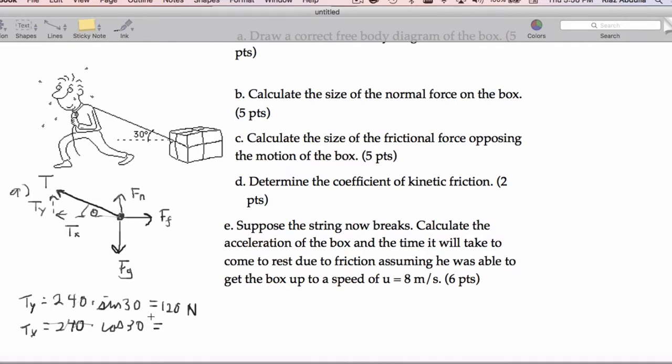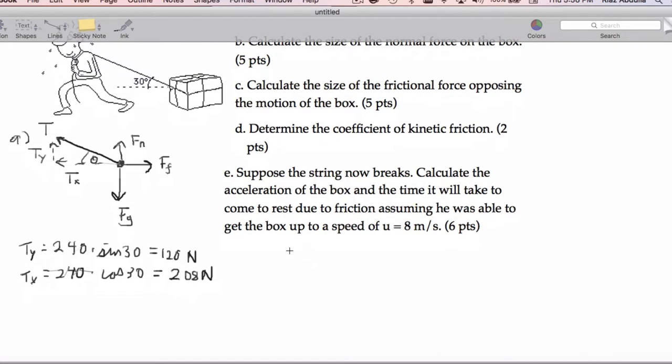So 240 times the cosine of 30 indeed gives me 208 newtons of force. Excellent. So that is part A done.